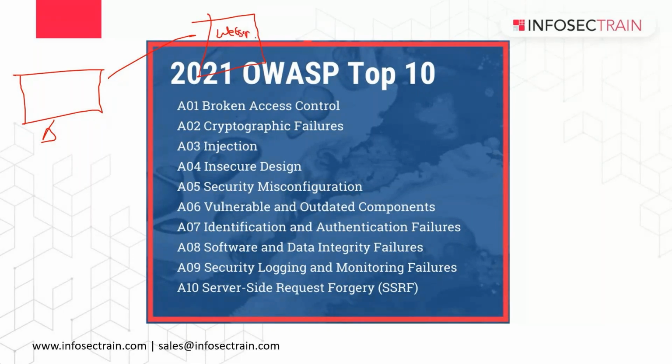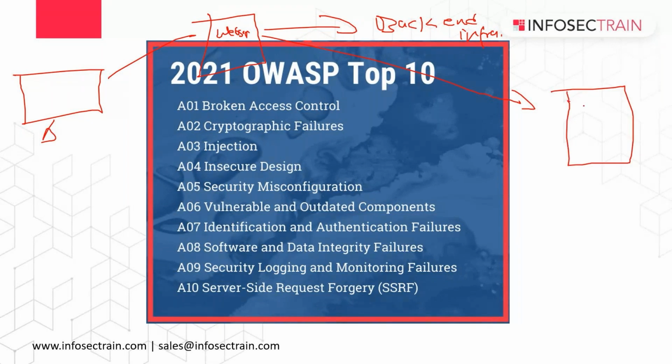But through that web server, I am able to access and get information about the backend infrastructure also. I'm able to redirect the web server to a place which is malicious and hosted by me, right? I can ask the target web application to take some data.